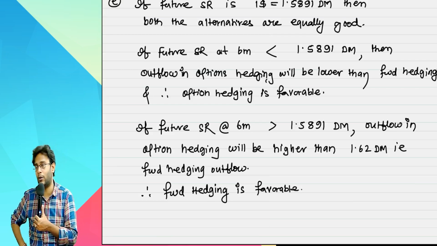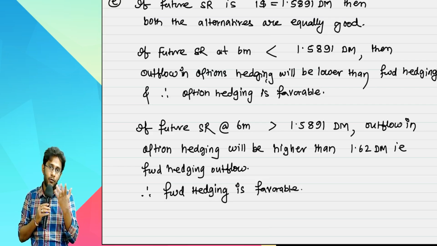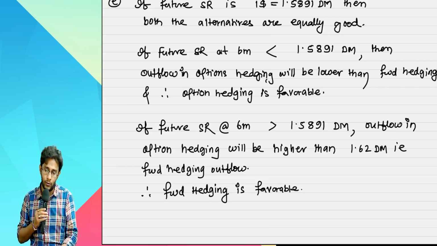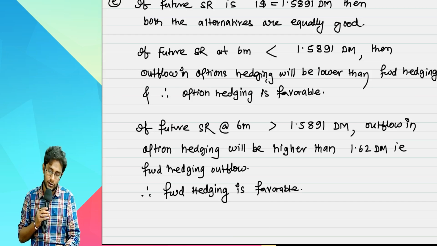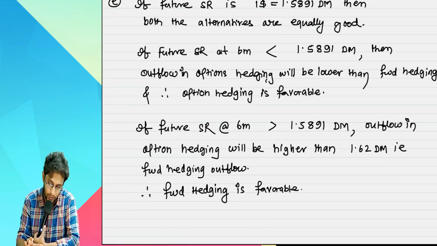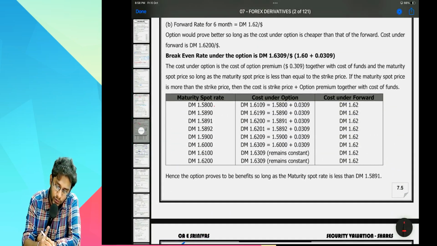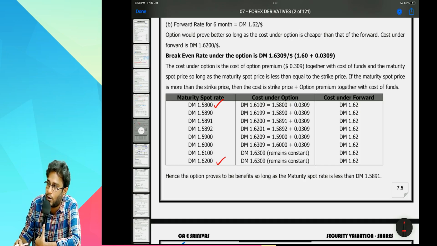If you look at the answer, what he did is he somehow worked out 1.5891. How he worked it out is he started with 1.62 minus various levels of prices and worked it out. He prepared a table. This is a very confusing presentation. Sir, how will I know that I should try from here to here? At 1.58 he kept trying.